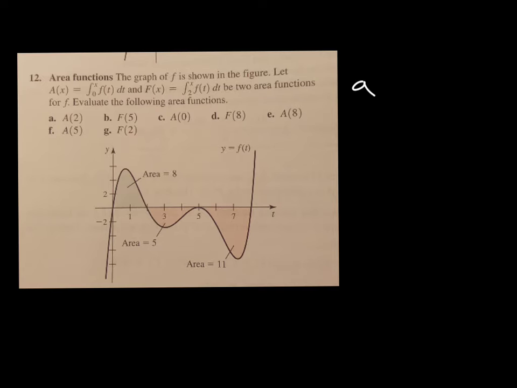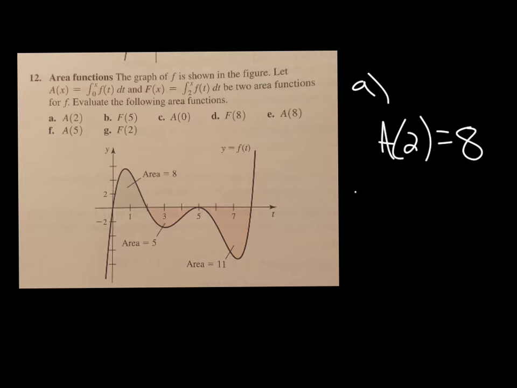So part A is saying A of 2. Okay, so what we have to take a look at is, okay, A is saying start here at 0. So A of 2 goes all the way here with an area of 8. So then, right, A of 2 equals 8.